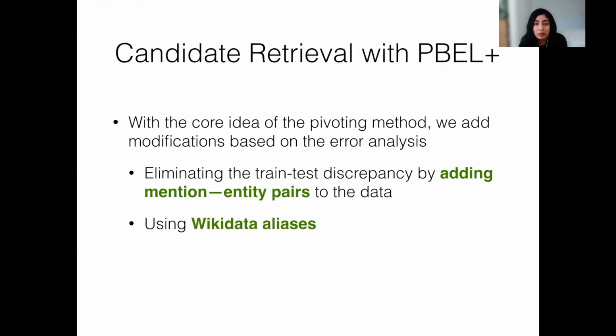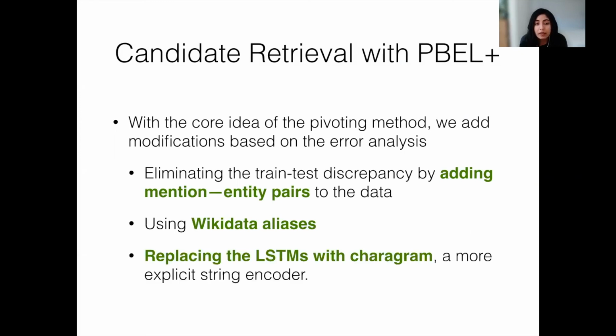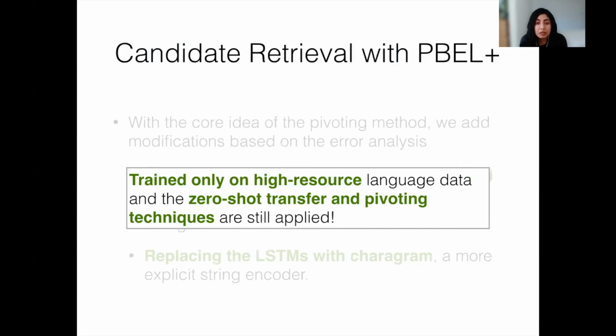We also add Wikidata aliases to make it easier for the model to link less common names of the same entity. And finally, we replace the LSTMs in the model with charagram, which is an encoder that explicitly models character n-grams in the strings. The model is trained similarly to the original pivoting method. It is trained only on high resource language data, and the zero-shot transfer and pivoting techniques that we discussed previously are still applied here.